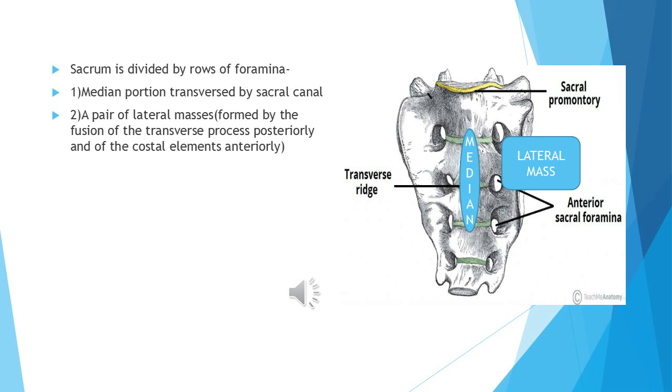If you place the sacrum in anatomical position, the pelvic surface of the sacrum should face downward and forward, and the upper surface of the body of the first sacral vertebra, the base, slopes forward and forms an angle of about 30°.